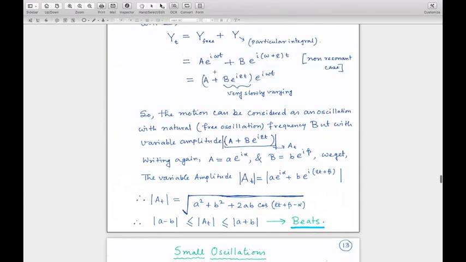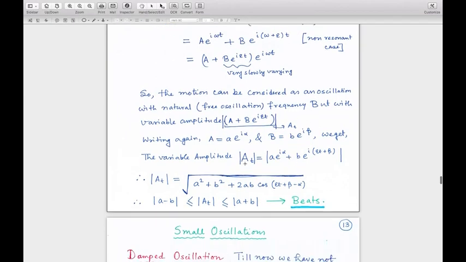How to get the amplitude from this? Whenever you have a complex number as here, the amplitude will simply be the modulus of that. Let's say we write a equal to small a e to the power i alpha and b equal to small b times e to the power i beta, where small a and small b are real.